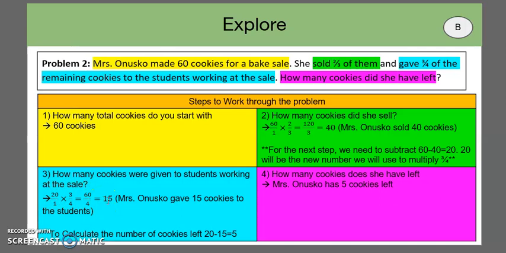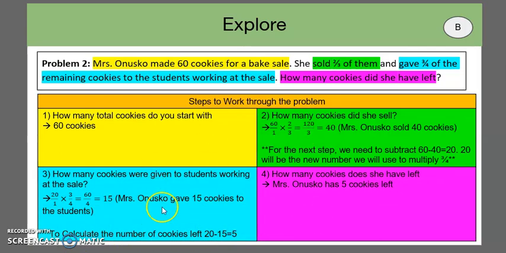She gave 15 cookies to the students, and I wrote an explanation on how we got to that answer. And the last step is how many cookies did she have left? And here we see that Ms. Onosku had 5 cookies left. Looking back at our previous example, we see that she started out with 20 from the previous step. We subtract the 15 that she gave the students at the bake sale to get 5 cookies left.